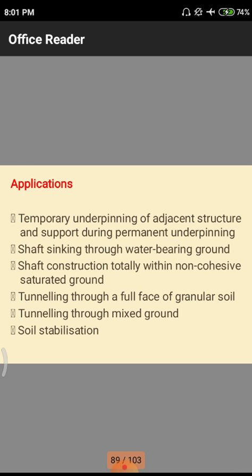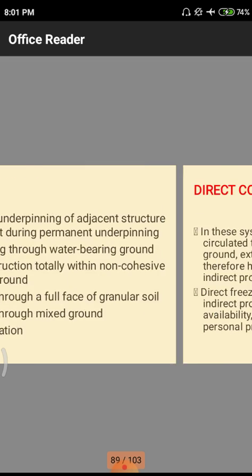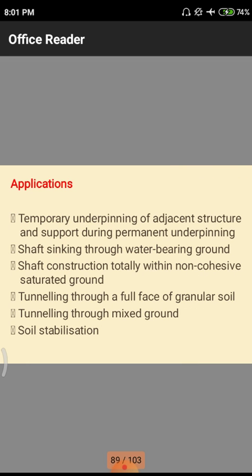And in which places are we going to apply these conditions? First of all, temporary underpinning of adjacent structures and support during permanent underpinning. For suppose on the adjacent side we have different important structures. Our project is producing a huge amount of pollution, and that pollution is not acceptable to those adjacent structures.